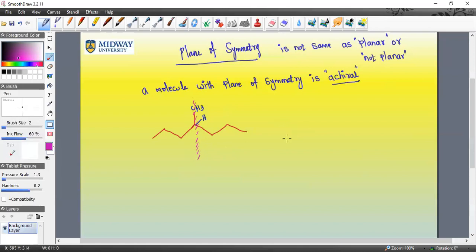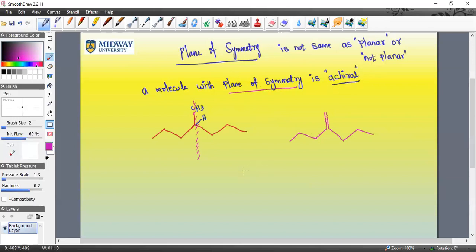It would look something like this. This looks exactly the same on either side. So this is called a plane of symmetry. If you have a plane of symmetry, the molecule is achiral.